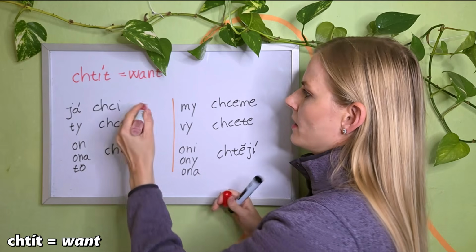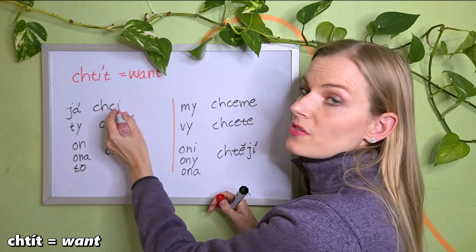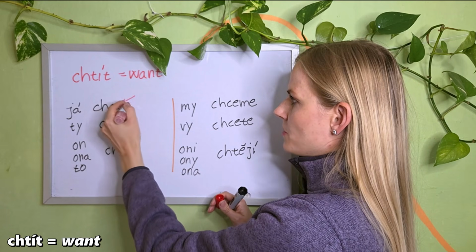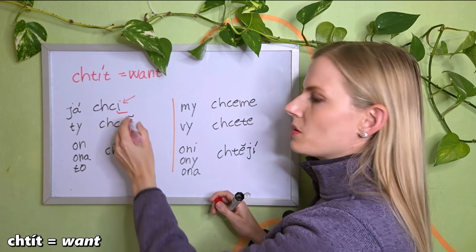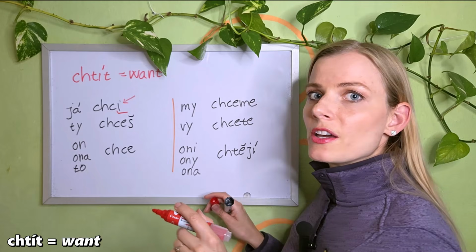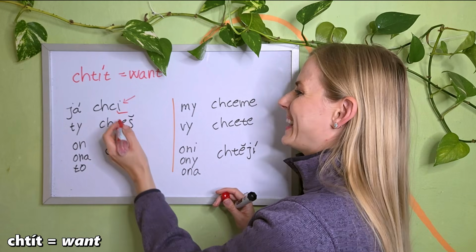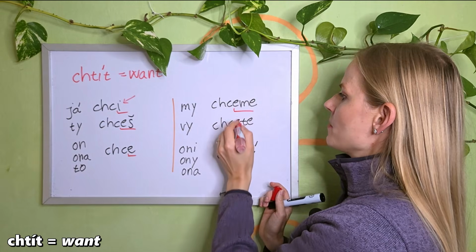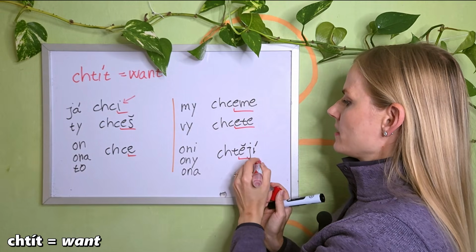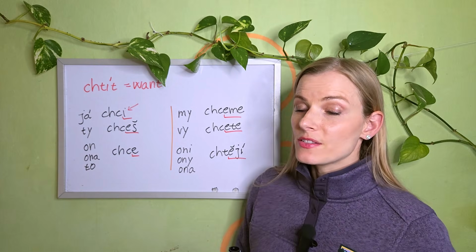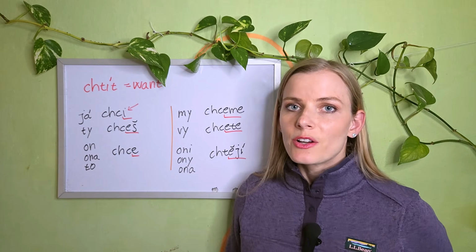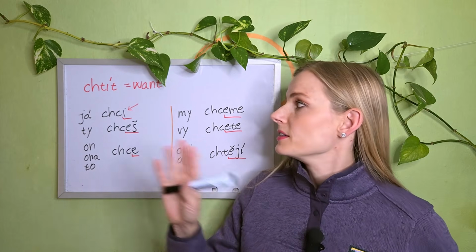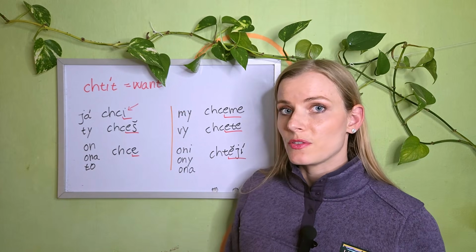The endings are chci, but this is an irregular ending specific for this verb. Normally there will be u, so the Moravian conjugation makes more sense. Chci, chceš, chce, chceme, chcete, chtějí.